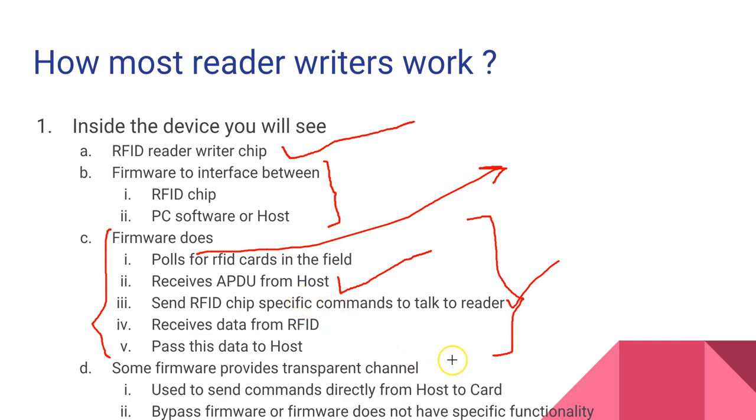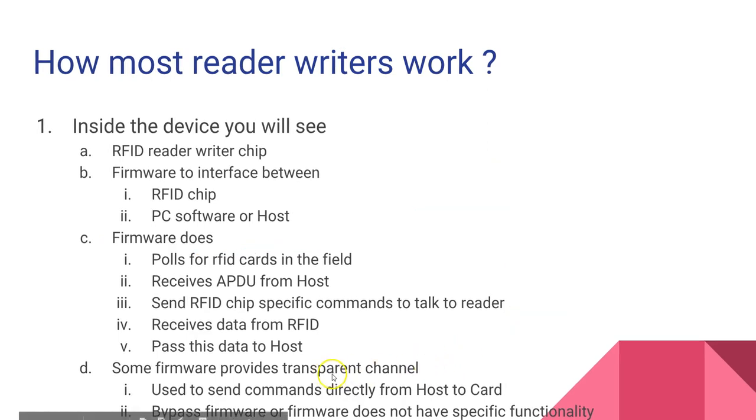Now most reader writers, in order to overcome this restriction, support a concept called the transparent channel. This is a concept whereby the software can send commands which are not understood by the firmware, or the software can send the commands directly to the card.